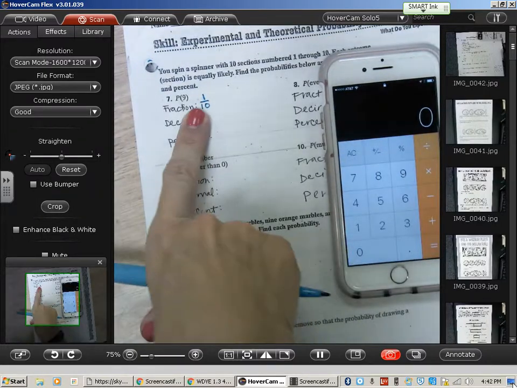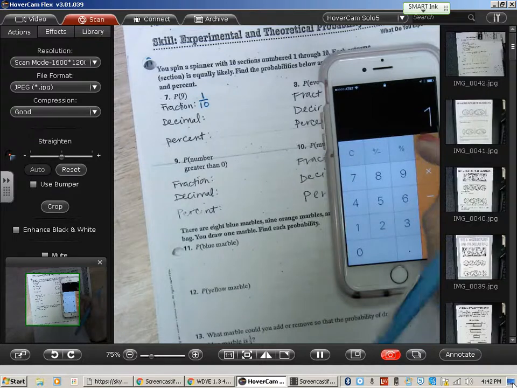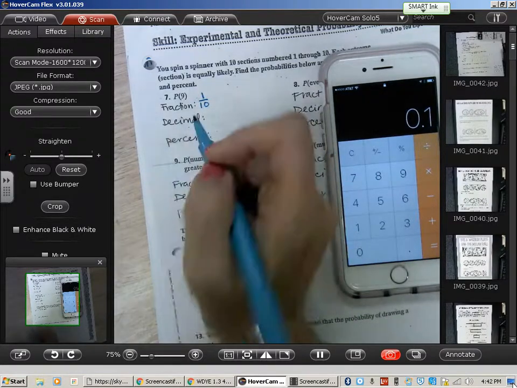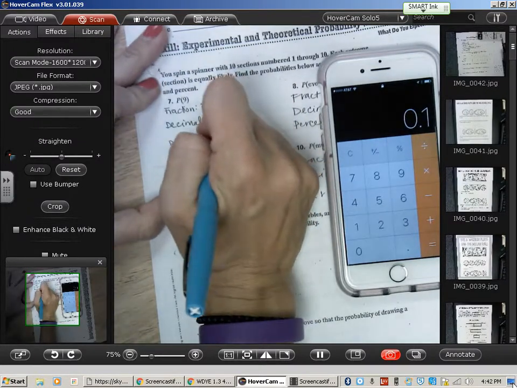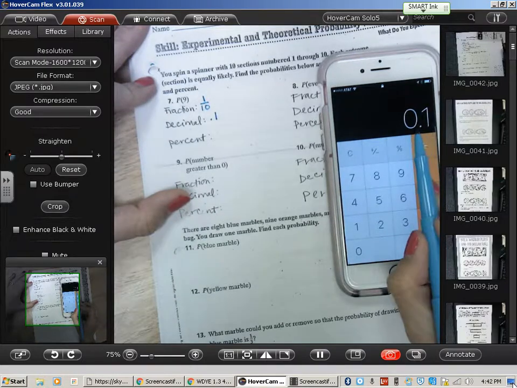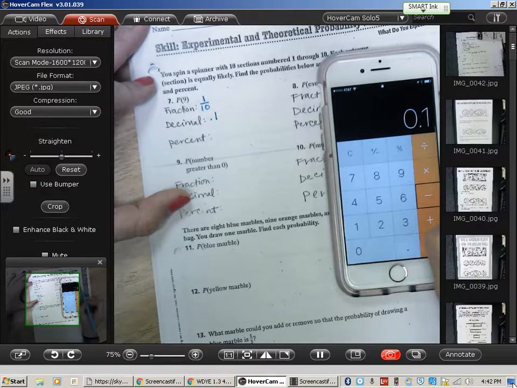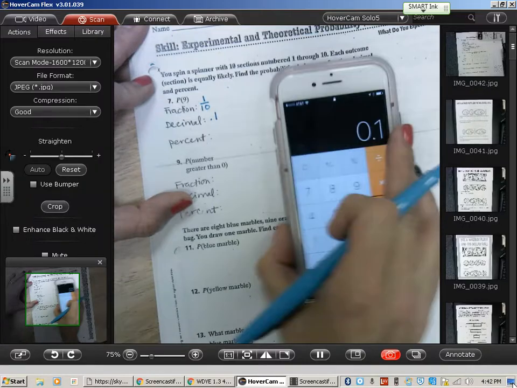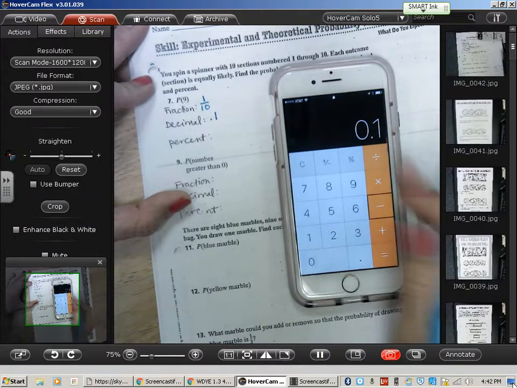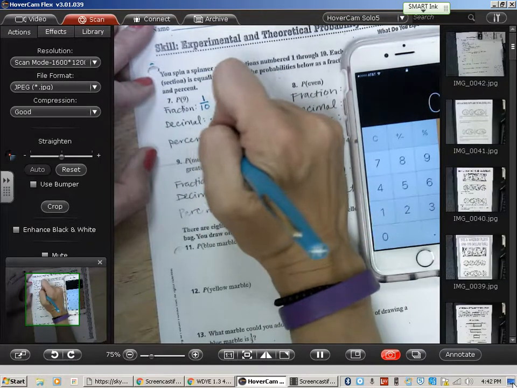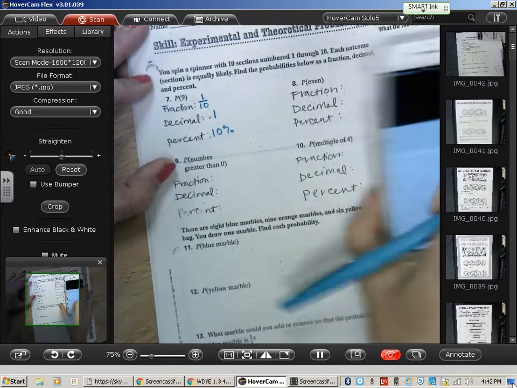So what you do when you're turning this into a decimal is you do your numerator divided by your denominator, which gives you 0.1. And then to find that as a percent, you just move the decimal two places. And since there's not another number to the right of the 1, we put a 0. So 10%.